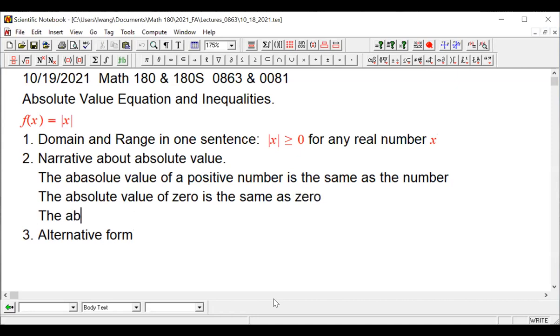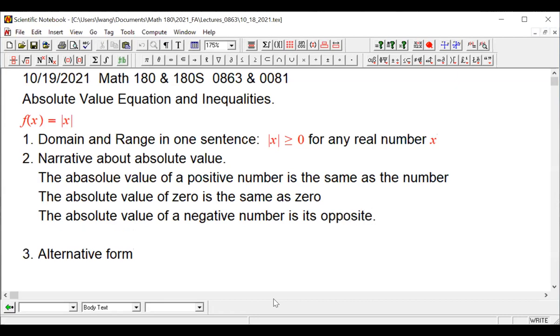The absolute value of a negative number is its opposite. Remember these narratives?